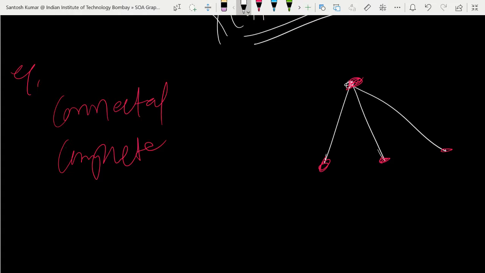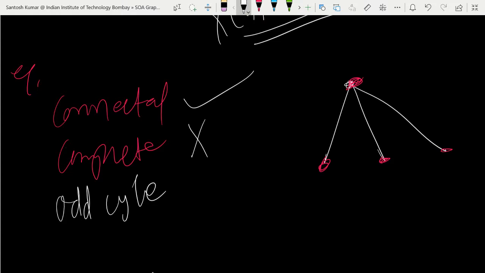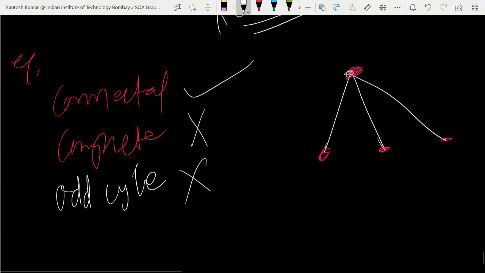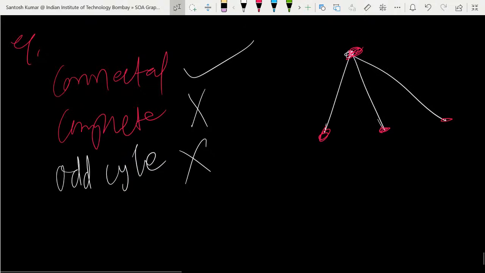No. And is it an odd cycle? No, it has an even number of vertices. Okay, so we can see the result.